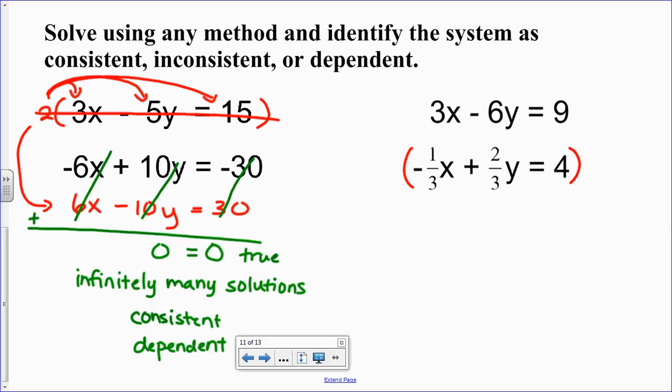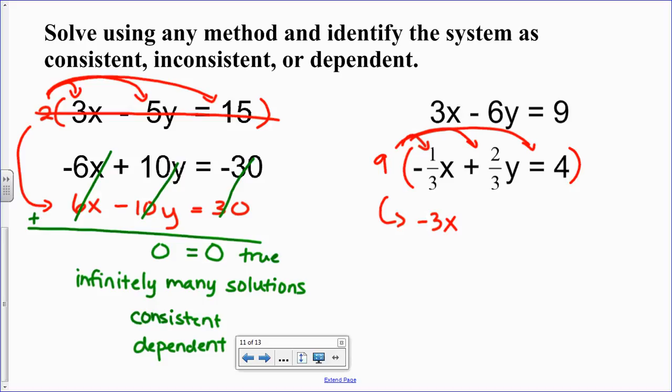You know it's not 3 because if you do 3 times 1/3, that's 1. So what did we figure out? What am I going to need to multiply by? 9. I'm going to have to multiply by 9 because that will give me -3. So that's -3x.